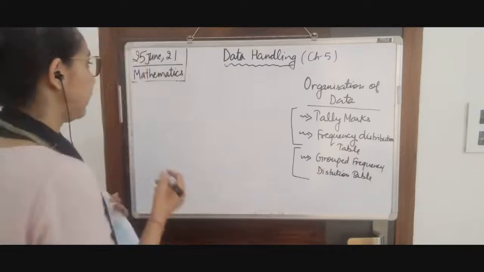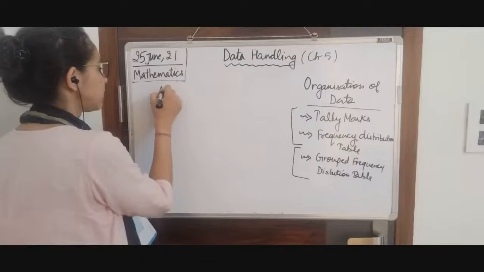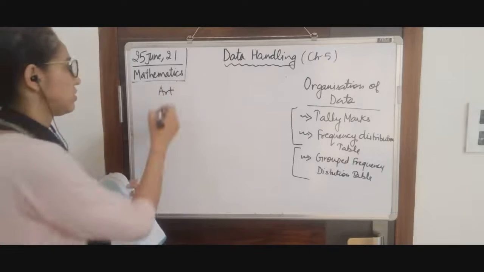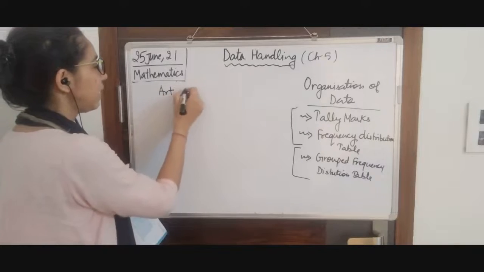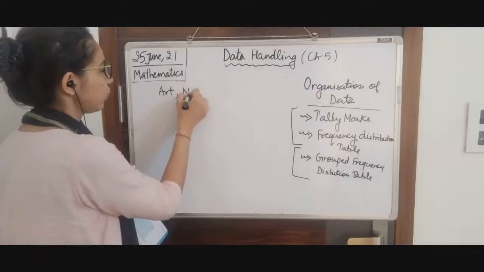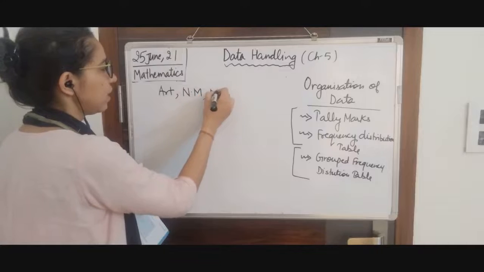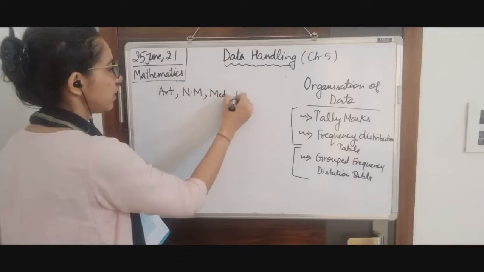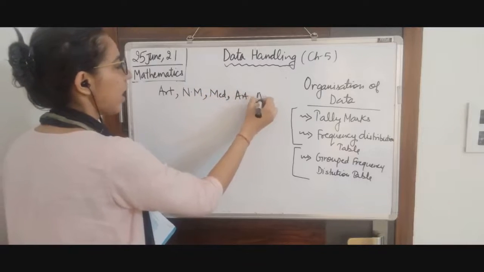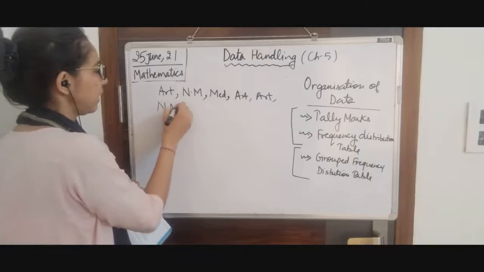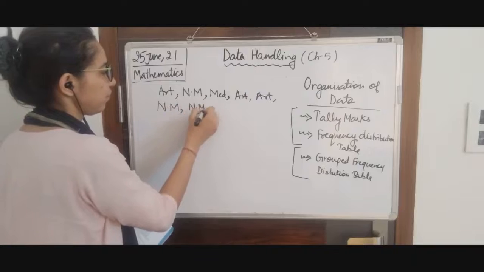So we calculated the data for arts, and we were writing the choices. First student liked art, we wrote art. Then second student preferred non-medical, so we wrote non-medical. Then we had medical student, then we have art student, then next art. So we were just collecting our data.